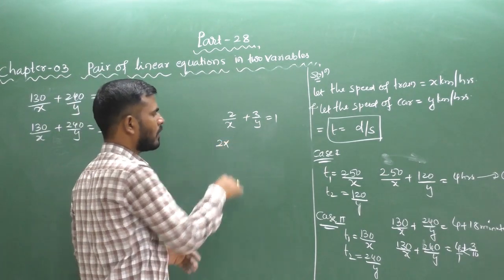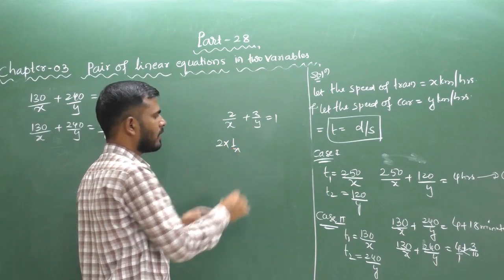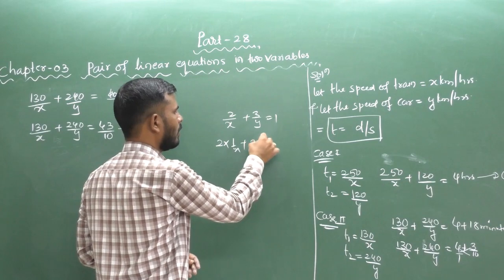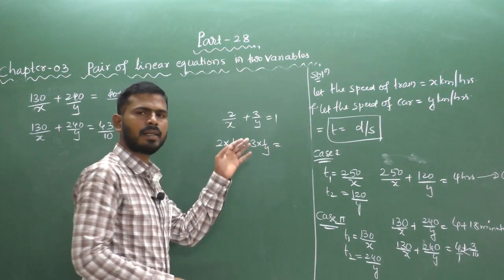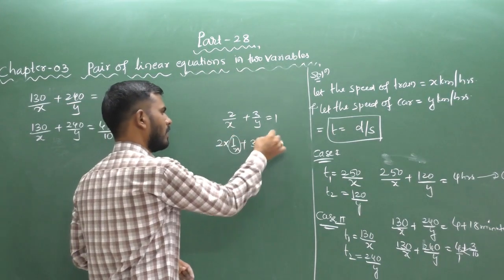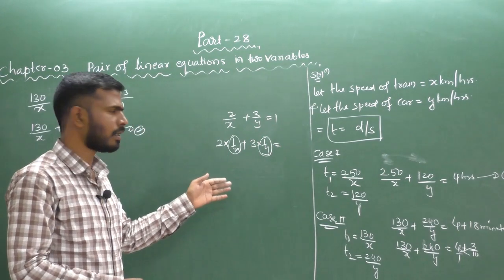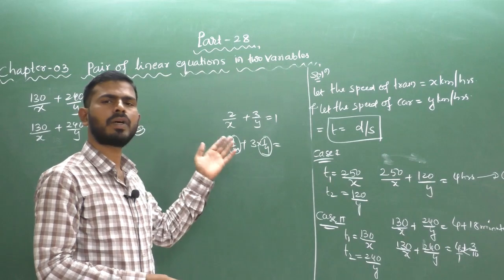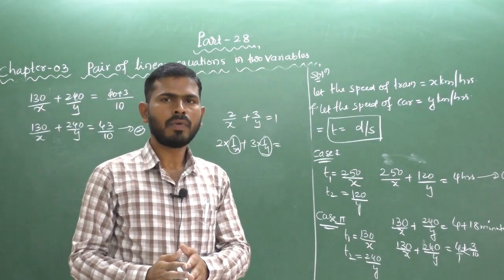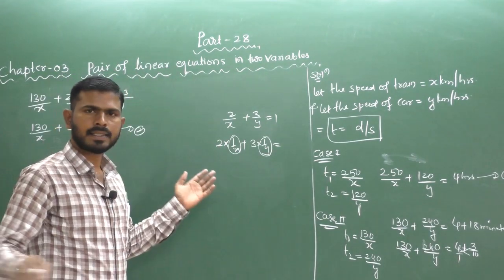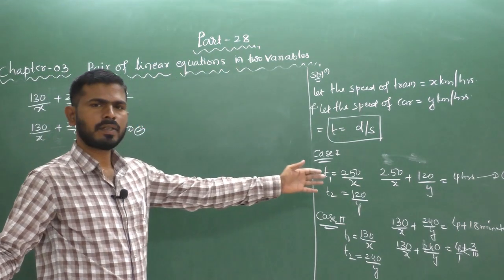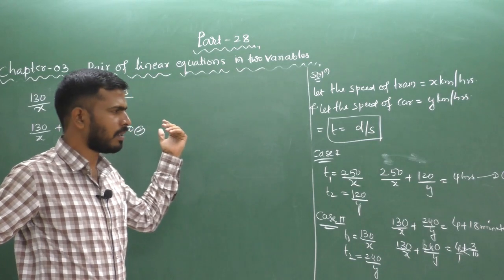We can write 2 by x as 2 into 1 by x, and 3 by y as 3 into 1 by y. In the second equation also we get 1 by x and 1 by y. At that time you have to substitute 1 by x equal to p and 1 by y equal to q. So let us discuss how to use the reducible method.